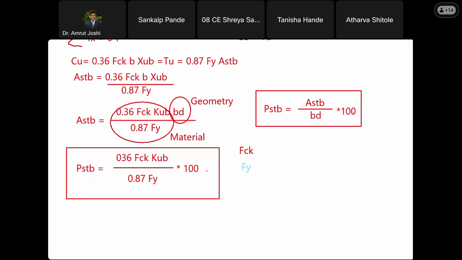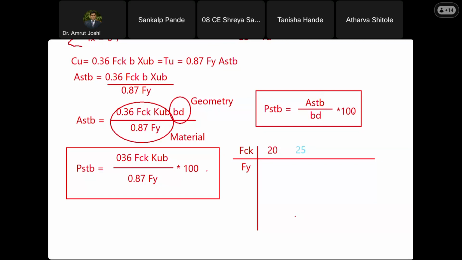Happy? So let me write down various values of fck. So M20, fck is 20 MPa. Then M25, the grade of concrete is 25. And then we have fck equal to 30.